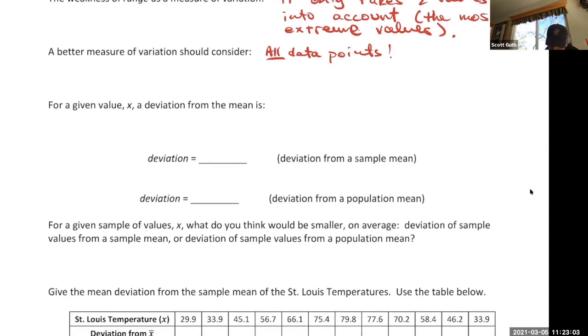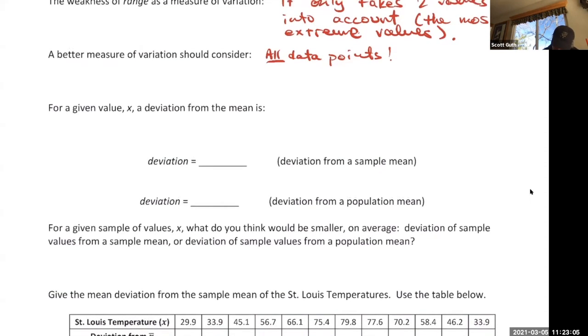So for a given value x, remember the sample mean is x bar. And then for deviation from a population mean, remember the population mean is mu.